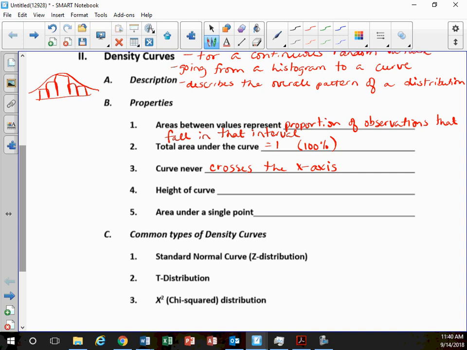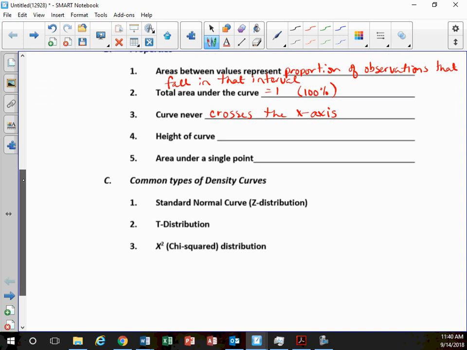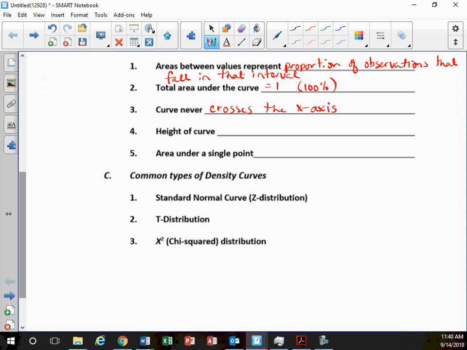For what you're doing in statistics, the height of your curve doesn't really mean anything. I'm never going to ask you anything about the height of your density curve. And if you were to find the area under a single point, kind of like back in geometry, it's 0. There is no area to find under one specific point.